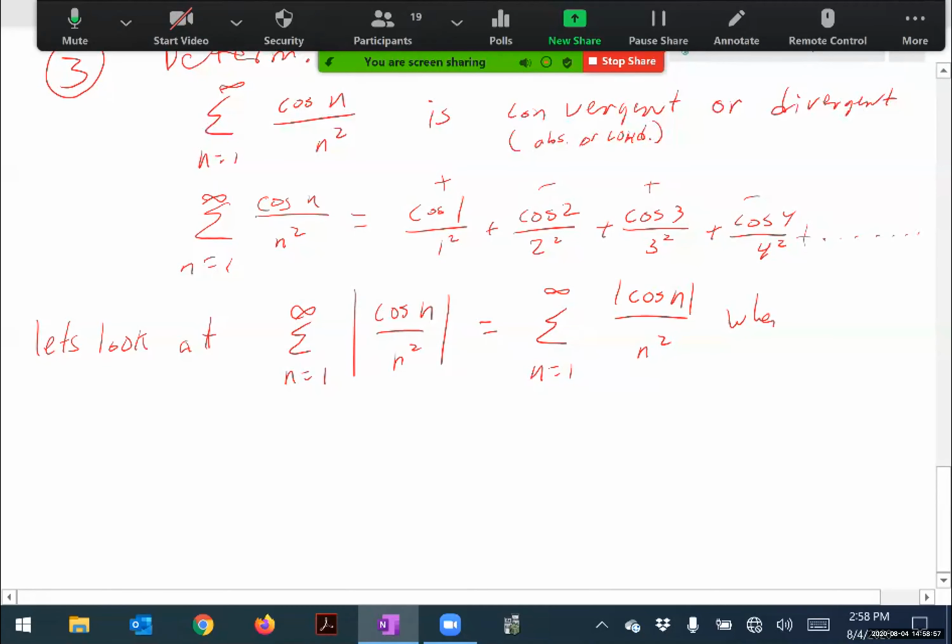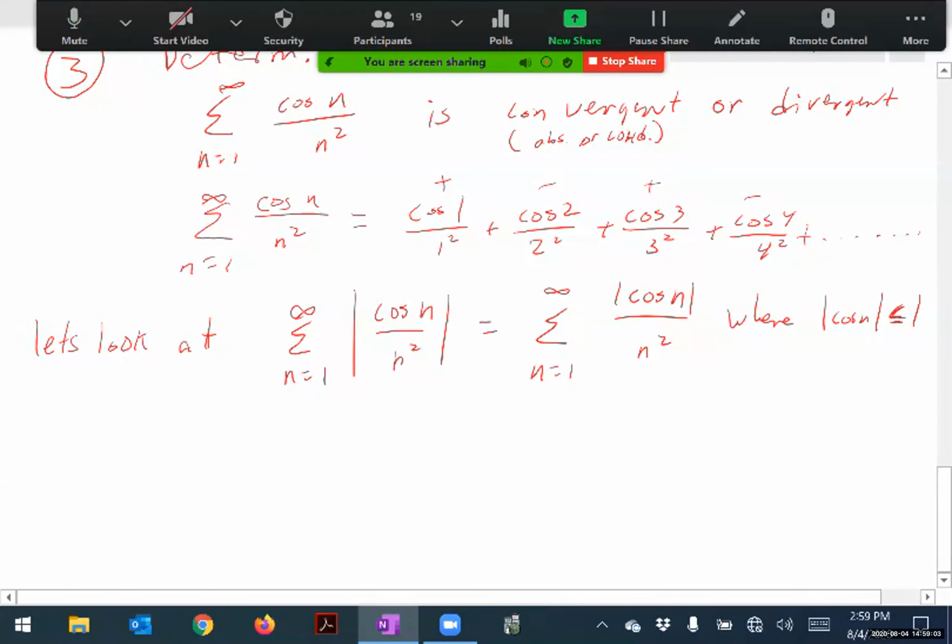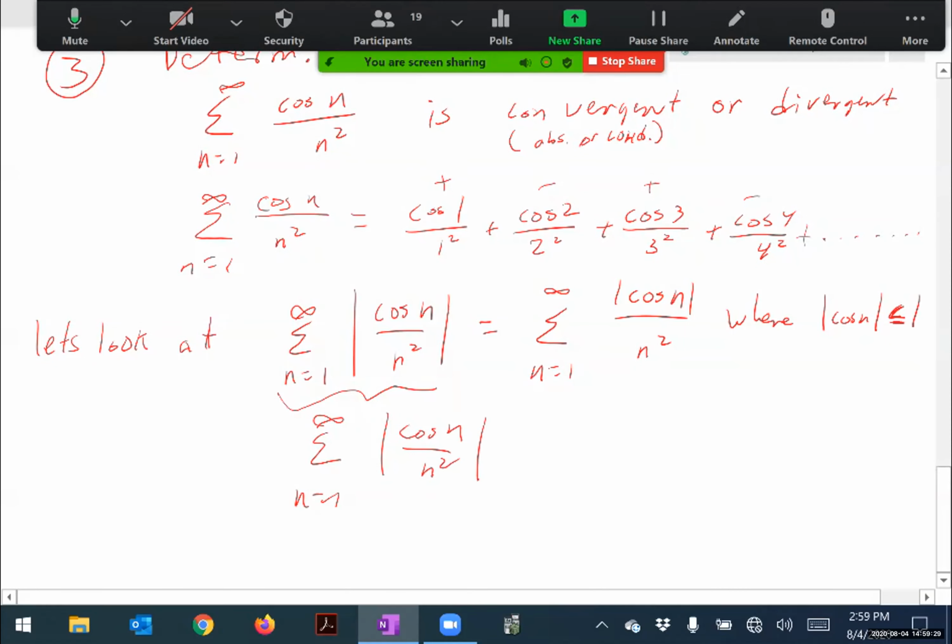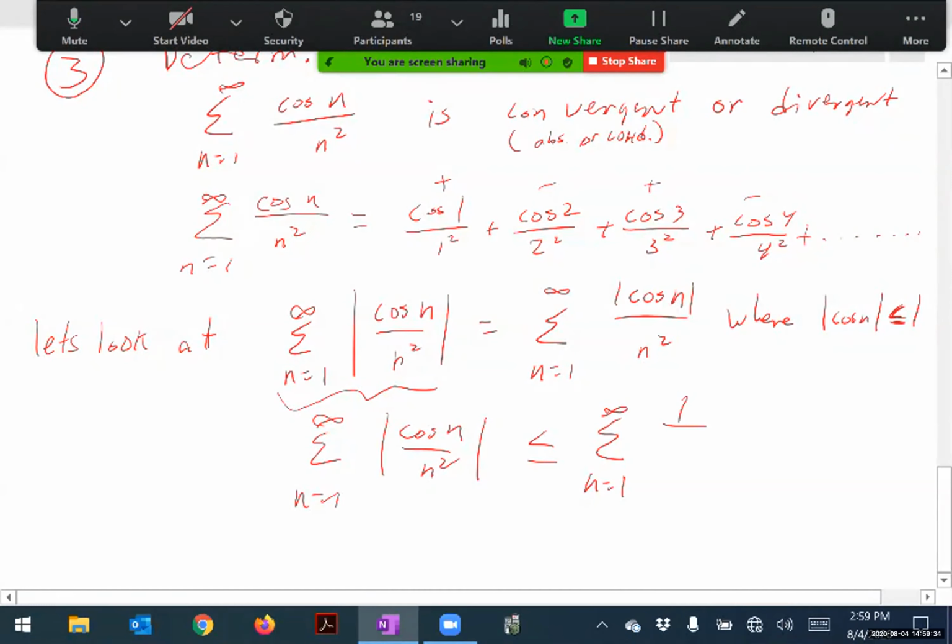Where the absolute value of cosine of n is less than or equal to 1, isn't it? Isn't that always less than or equal to 1? So the summation from n equals 1 to infinity of the absolute value of cosine n over n squared is less than or equal to the summation from n equals 1 to infinity of 1 over n squared.